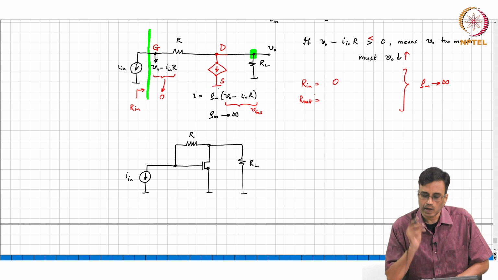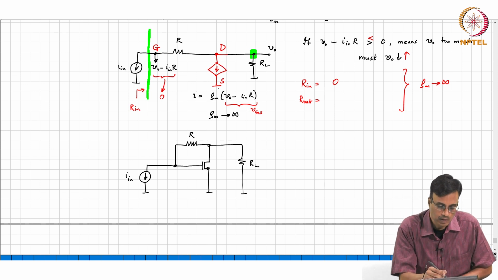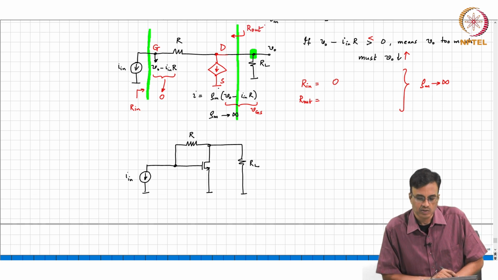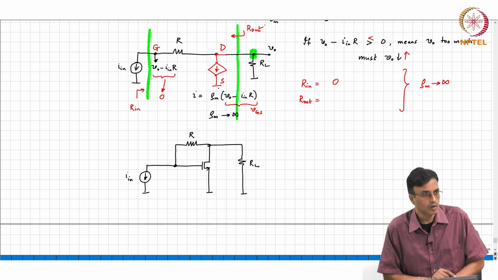What comment can we make about R out? There is no need to do the math, right. Remember in all our discussion, we said that if Gm tends to infinity, V naught minus In times R is 0, which means where is all the current flowing? That In current, where is it flowing?